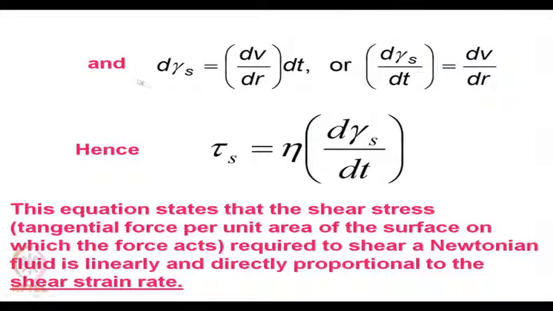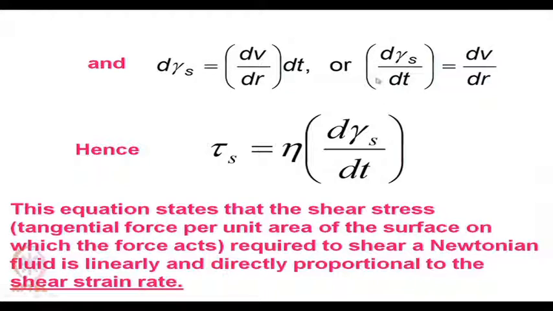Also, we can say that this d gamma s shear strain is equal to velocity gradient dV dt. We can also write this way. This is the shear strain rate, d gamma s dt, which can be equal to this dV dr velocity gradient.